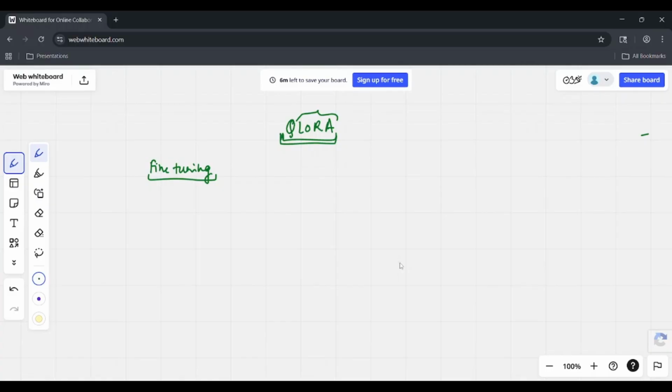Now, if you consider ChatGPT, it's not just an LLM. It has been fine tuned so that it behaves like a chatbot. So fine tuning is nothing but you take a general purpose large language model and you fine tune it so that it behaves specific to your own domain, so it performs tasks that are specific to a particular domain.